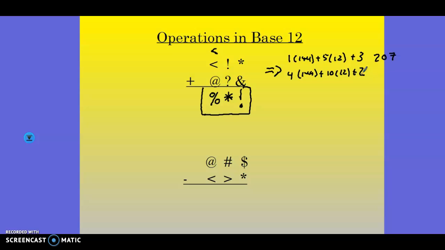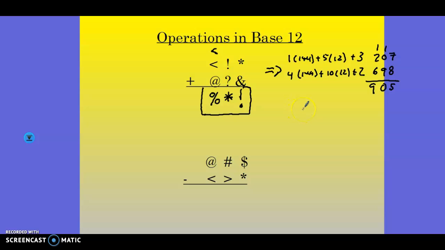So 4 144s plus 10 12s plus 2, 698. And then add those. So 7 and 8 is 15, carry the 1, 10, carry the 1, 6, 7, 8, 9. So you end up with 905.